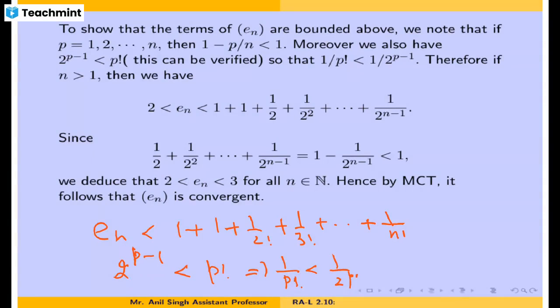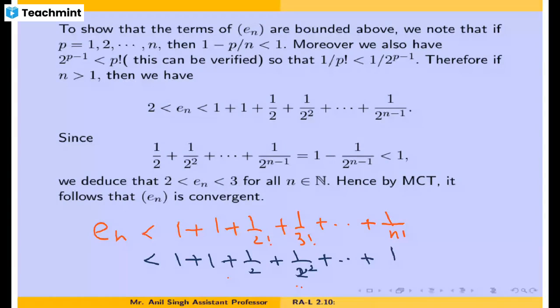So this inequality further gets modified, and this gives us that E_n is going to be less than 1 plus 1 by 2 factorial, which will be 1 by 2, 1 by 3 factorial will be 1 by 2 to the power 3 minus 1, which is 4, 2 squared, and so on, plus the final term 1 by 2 to the power n minus 1.